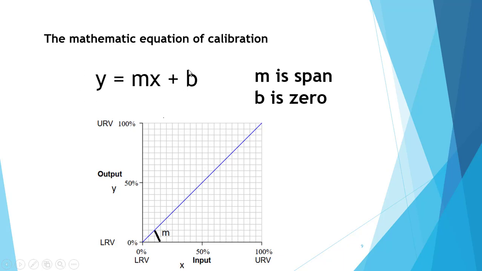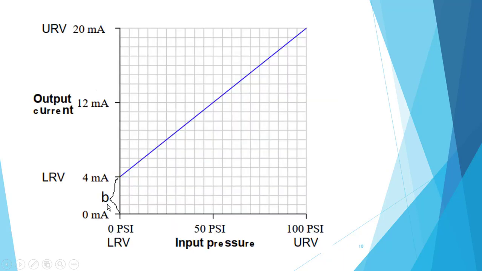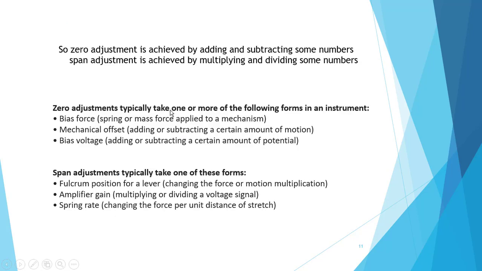Y is output, x is input, m is the span, b is the zero. Here is m, and here is b, which is the 4 mA output, the LRV. Here the input is 0 to 100 psi, and the output is 4 to 20 mA.